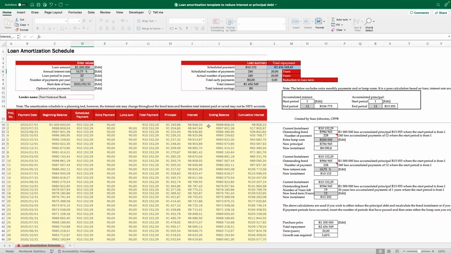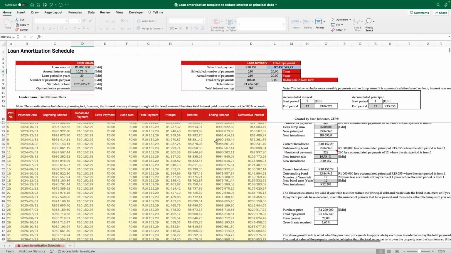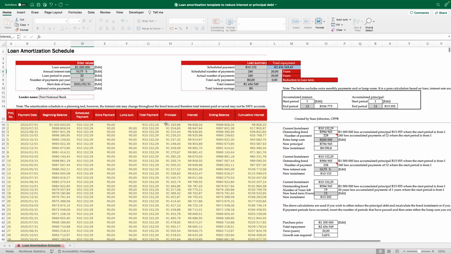So in reality, as I mentioned, you're going to get a monthly statement with the bank with the monthly interest rate that has been applied, because it does change. And then they'll have their own amortization schedule based on that interest rate going into the future. But this is just purely if you want to speculate before you buy a property, how can you pay it off a lot sooner based on a few variables that one would just factor in when they're making the decision.